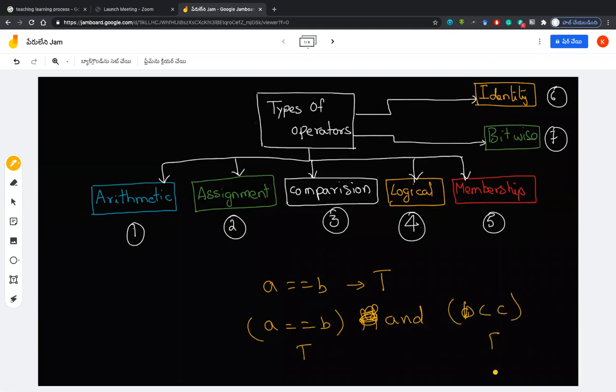Say one is returning true and the other is returning false. Now this AND operator plays a major role. It will check T and F, that is true and false, and naturally it will return false. So the conditions will be based on this. So this is the logical: you have AND, OR, and you also have NOT.